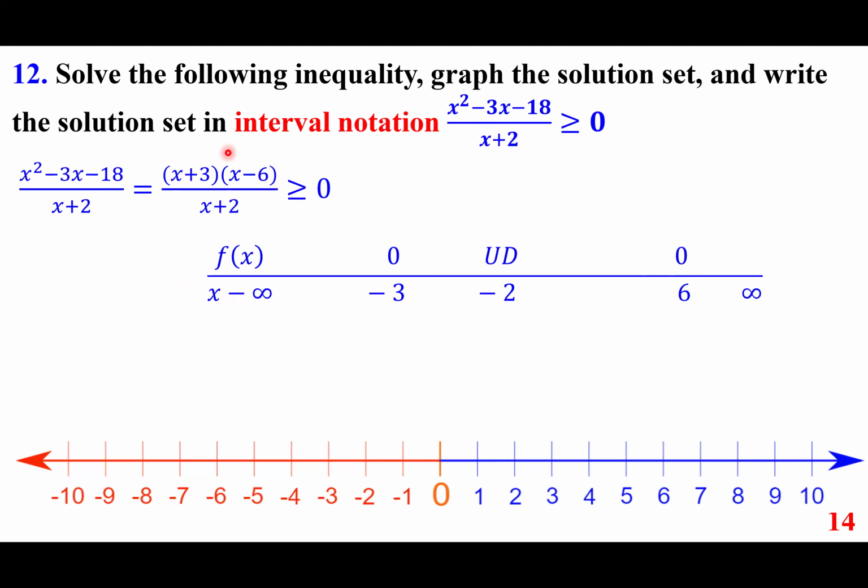So again, -3, +6, -2. So you put -3, -2, 6. Notice the top is 0. When you set the top equal to 0, x equals -3, 6. That's why we have 0 here. However, when the denominator is 0, that is undefined. UD, short for undefined.